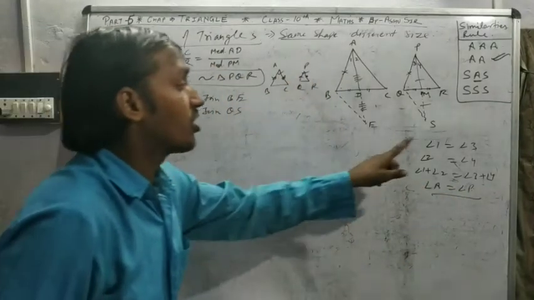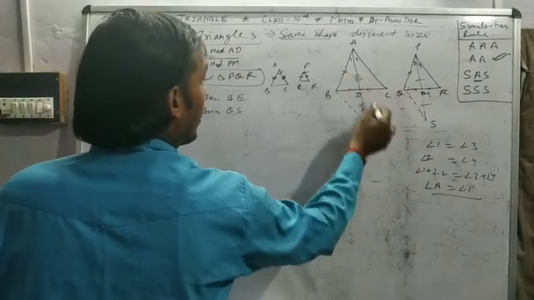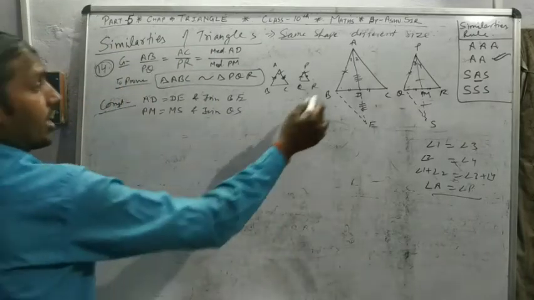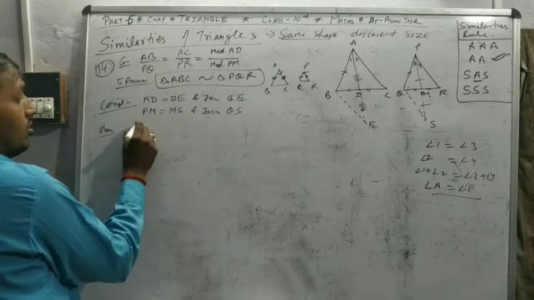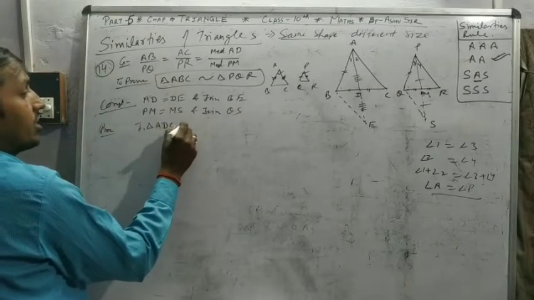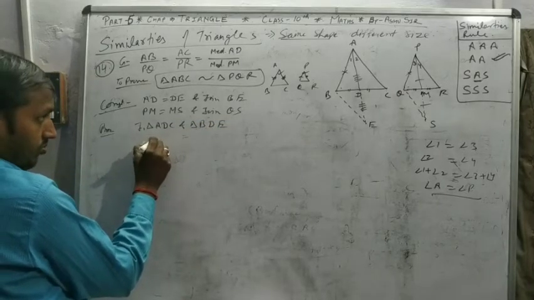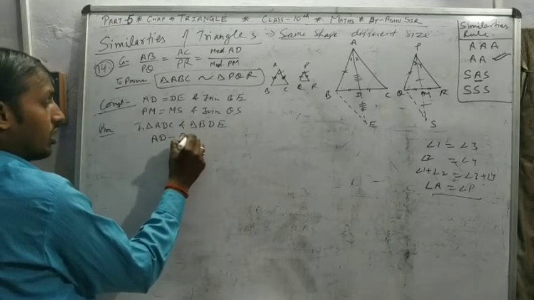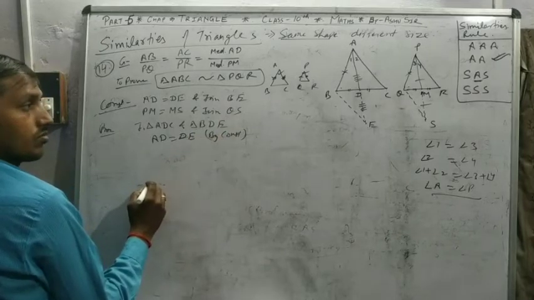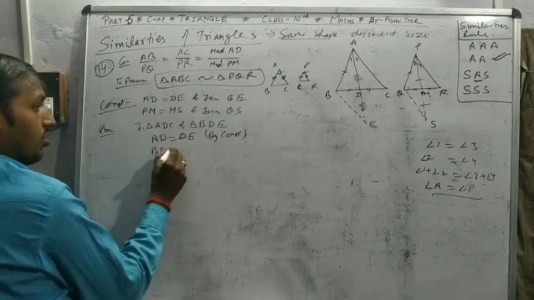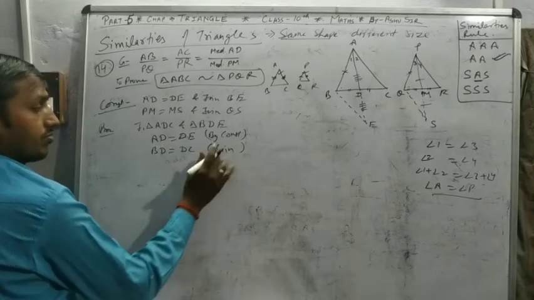So firstly we try to make 1 equal to 3. For that we take two triangles, triangle ADC and triangle BDE. We prove them congruent. How? AD equals DE by construction. BD equals DC, given.